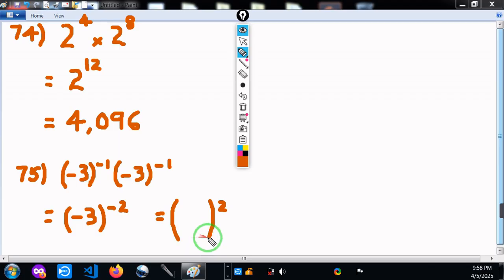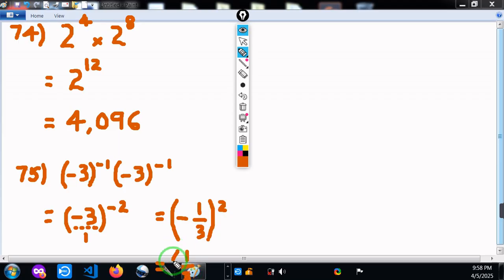You invert, I-N-V-E-R-T, meaning there is an over 1 here. Nobody ever gave you the power to take off this negative, so maintain it. Minus 3 over 1 becomes minus 1 over 3. Then ask yourself, is this 2, 4, 6, 8 even number? Yes, so this power will disappear. Become plus. So it's 1 over 3 squared, that is 1 over 9.